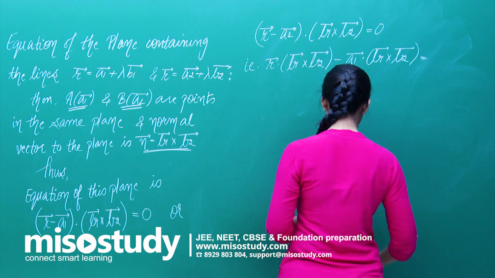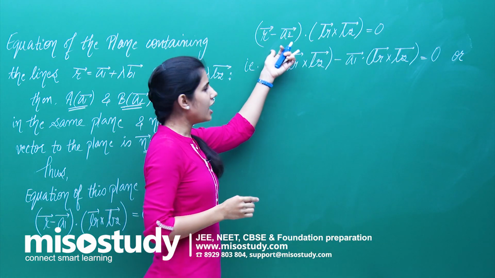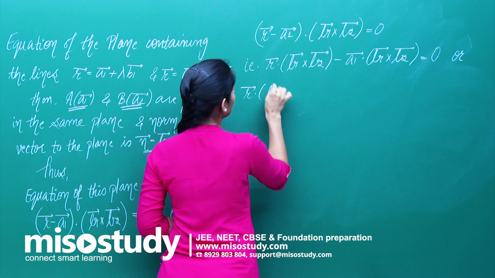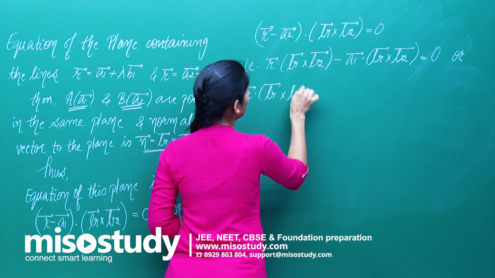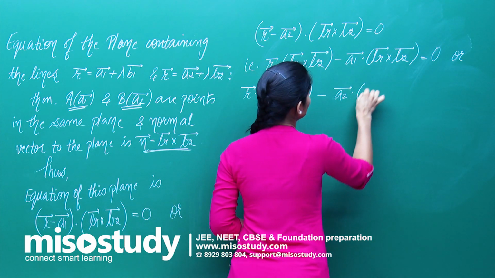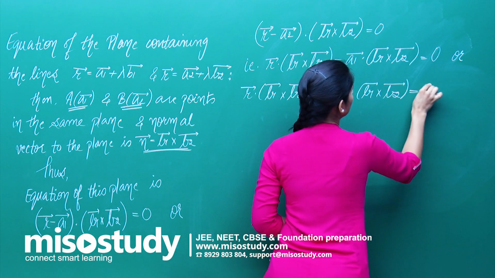Or this is r dot b1 cross b2 minus a2 dot b1 cross b2.